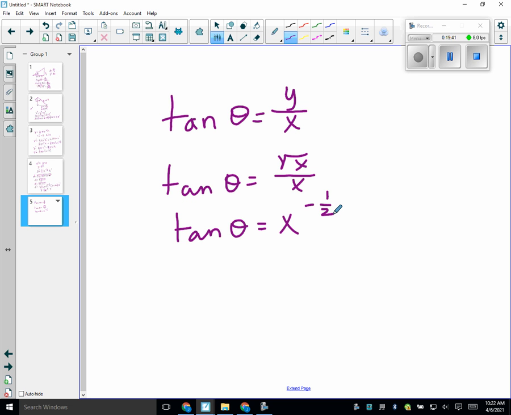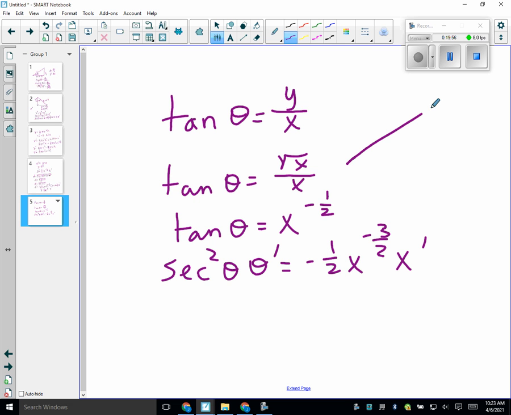Now, on our triangle, the derivative is secant squared theta, theta prime, equals negative 1/2 x to the negative 3/2 x prime, right? And wasn't our triangle that we had, this was theta, wasn't this 2 and this 4?